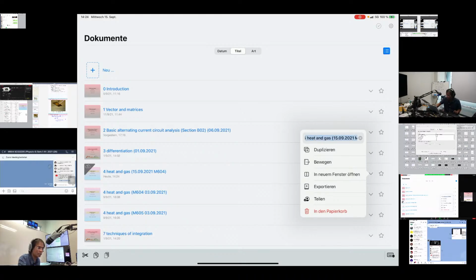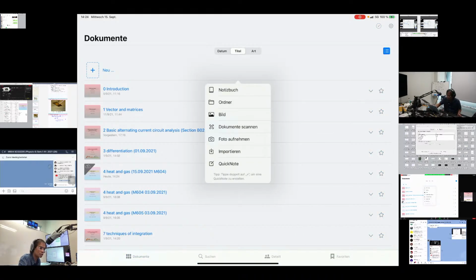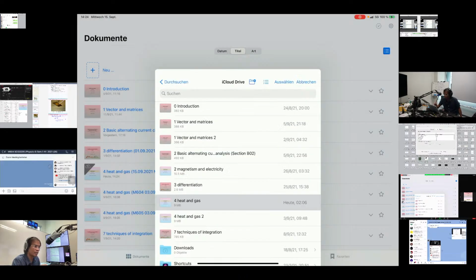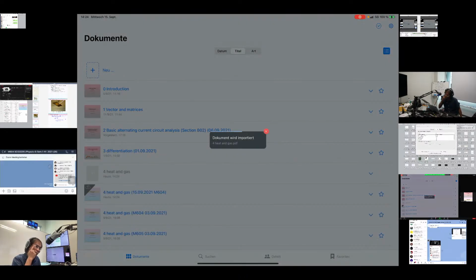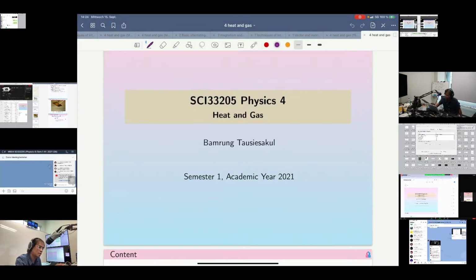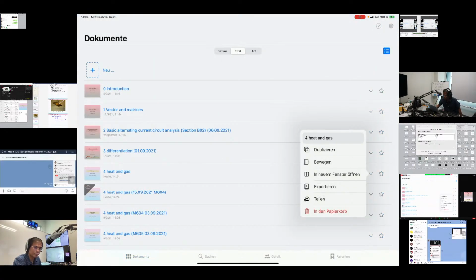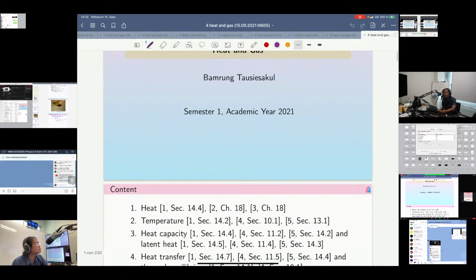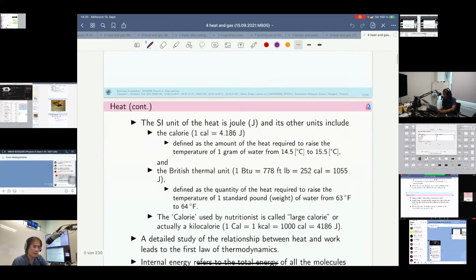Copy and add it. Import a new file from this one today. Okay, all right, and say it's M6 SCI33205, and this is the section for M605.